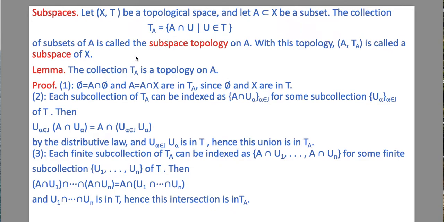To prove that TA is a topology on A, we will prove all three conditions which must be satisfied for being a topology.